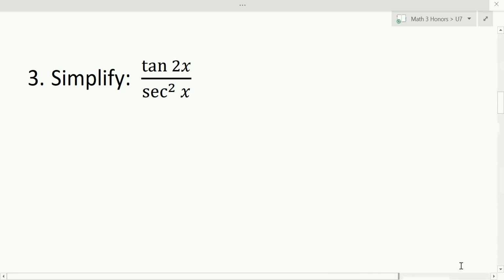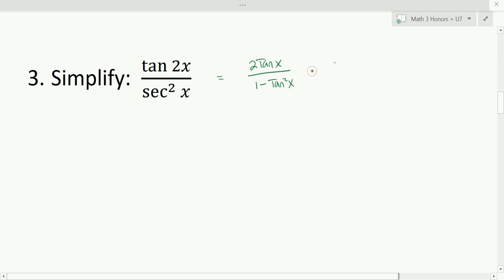So the angle's not the same, so we want to use that double angle formula. Tangent of 2x, let's see, should be 2 times the tangent x, is that right? Over 1 minus tangent squared x.